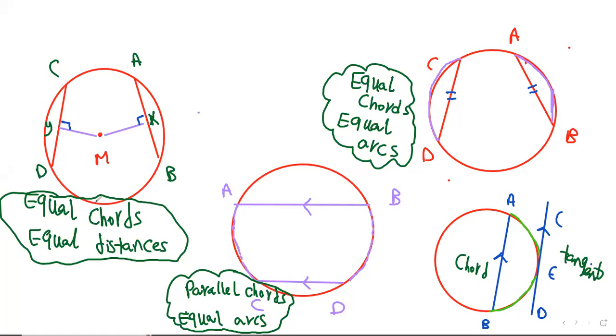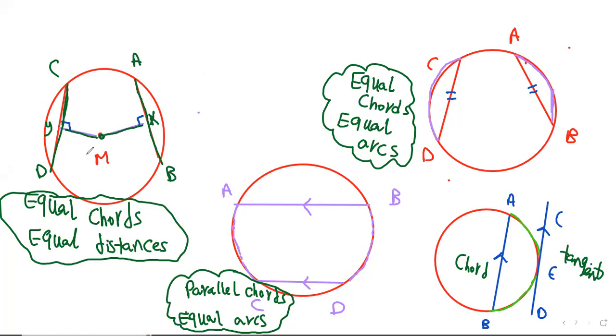If we have equal chords, that leads to equal distances. So here in this circle, we have the chord AB equals the chord CD. So the distance from the center to this chord, MX, is equal to the distance from the center to CD.